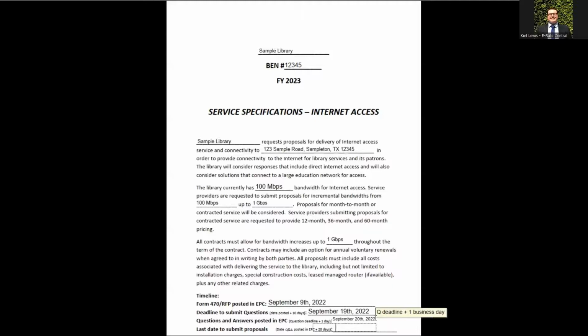Additionally, if new information is provided on the questions and answers document posted on this previous day in the timeline, those answers may change the scope of the service specifications and of the services requested on the Form 470.